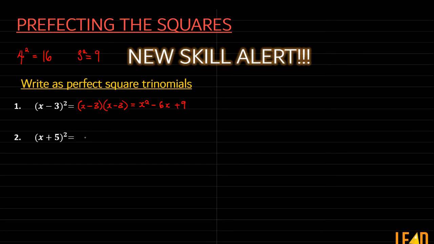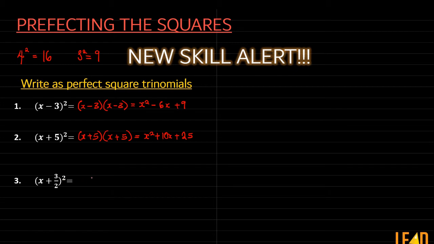This one gives me x plus 5 times x plus 5, which would be x squared plus 10x plus 25. Again, you can do it and collect the like terms. It's just one step I skipped.